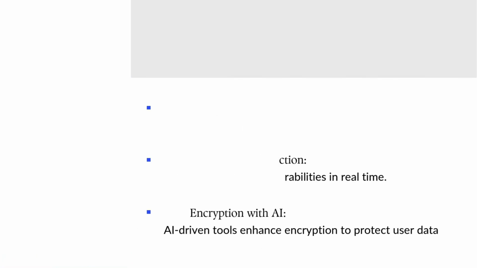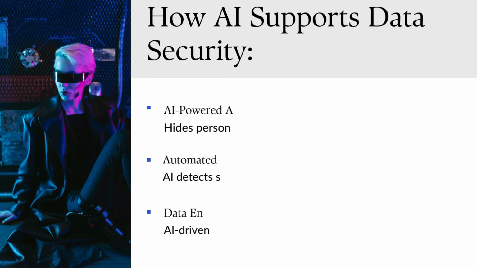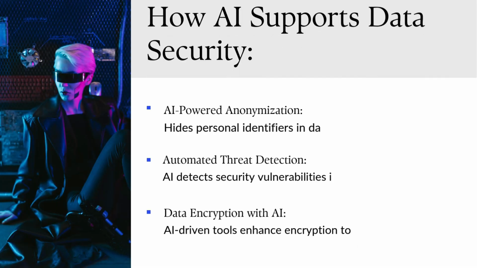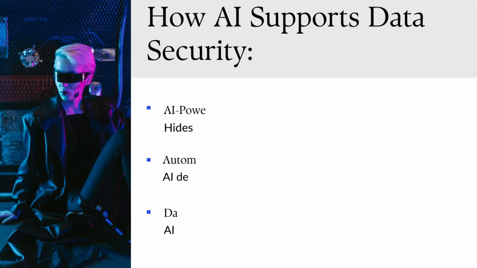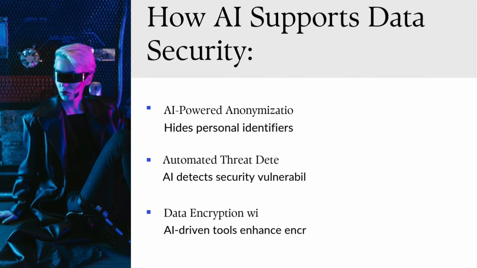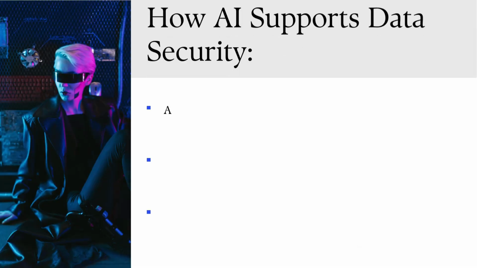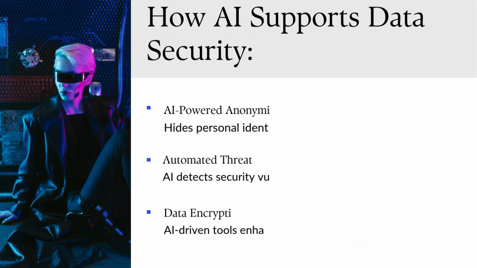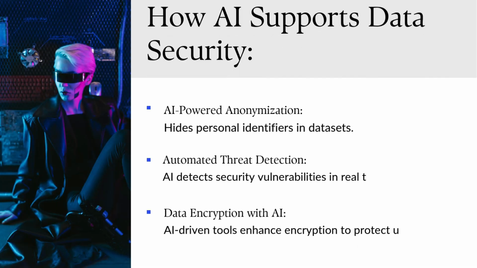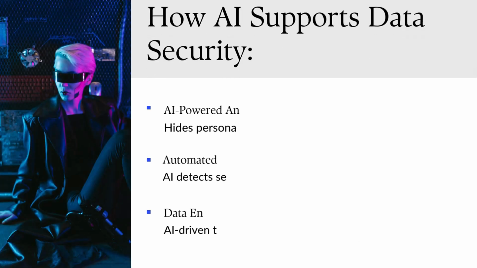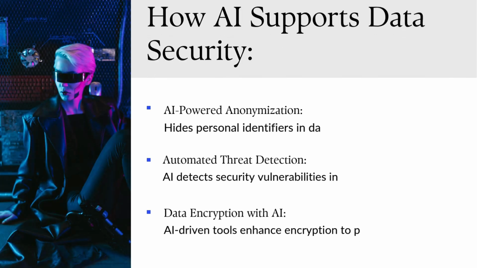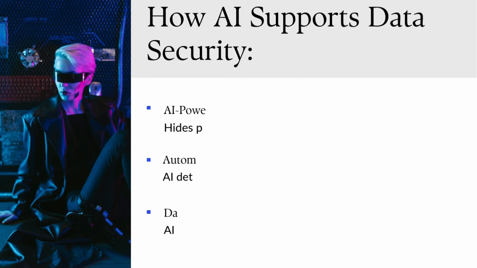Next is what we call the automated threat detection. With this, AI detects security vulnerabilities in real time. Next is what we call data encryption with AI. With this, AI-driven tools enhance encryption in order to protect user data.